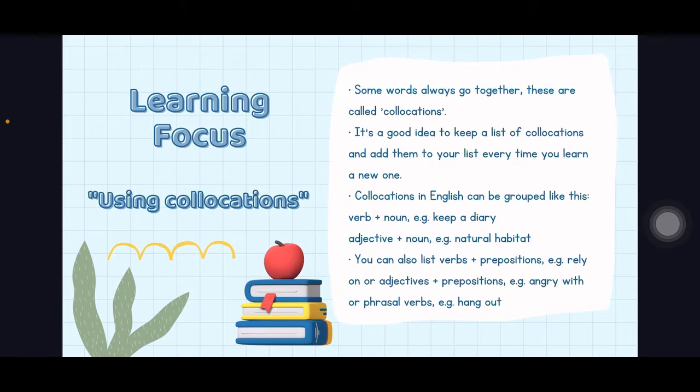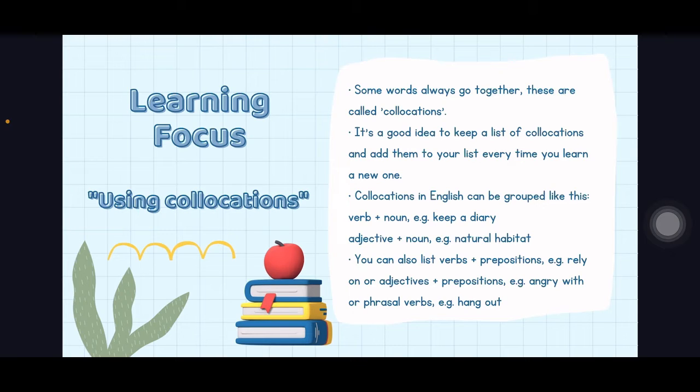For example, rely on. Or adjective plus preposition, for example, angry with. Or you can list them as phrasal verbs, for example, hang out. So these are the ways you can use collocations.